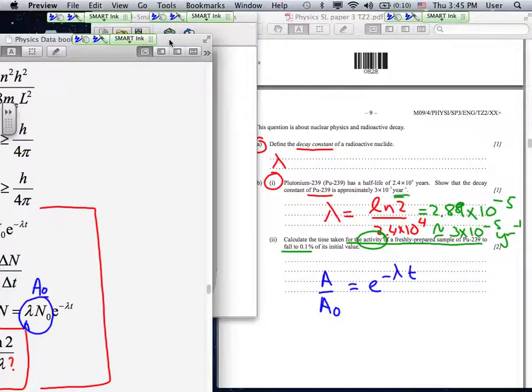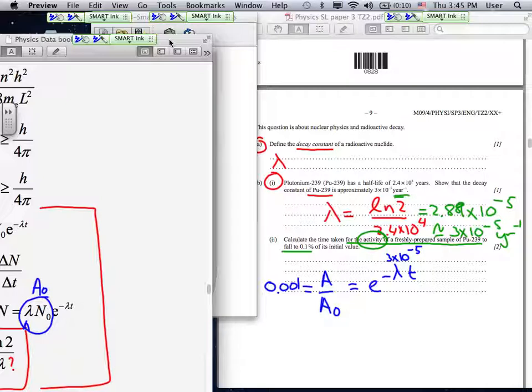So we have here that the activity has fallen. This is the activity, that ratio would be 0.1%. Now remember, percent is divided by 100, so we're actually looking at 0.001 is equal to e to the minus, and we have our lambda here, it's 3 times 10 to the negative 5. We will put that in. I'm going to have to use a bit of log laws here.